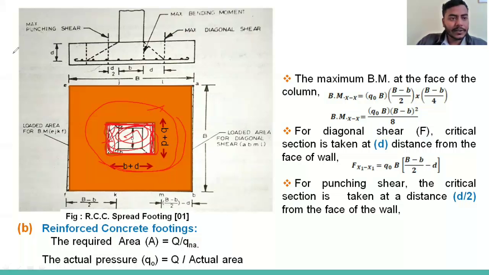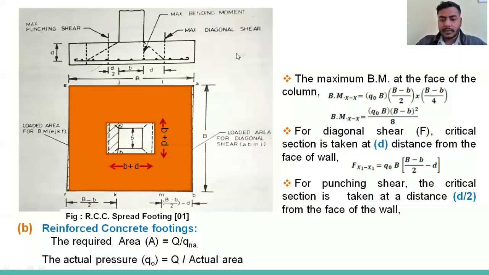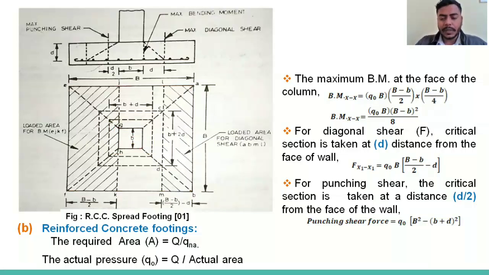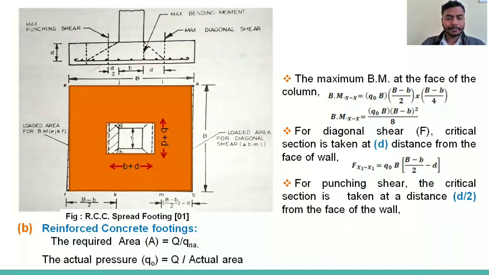So how can we calculate? We have to calculate the punching shear force. What is the force causing the punching shear? Whatever pressure is coming on this colored portion is causing the punching shear. So how can we calculate it?